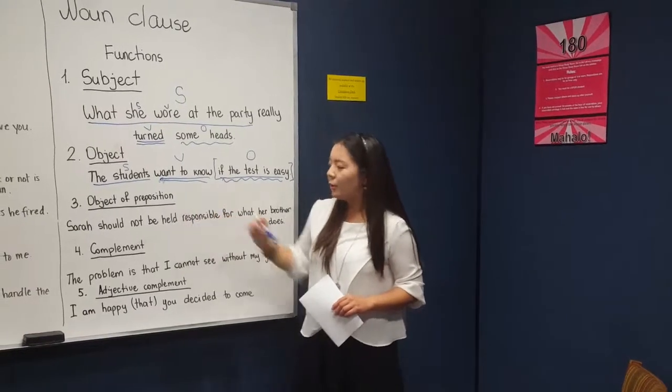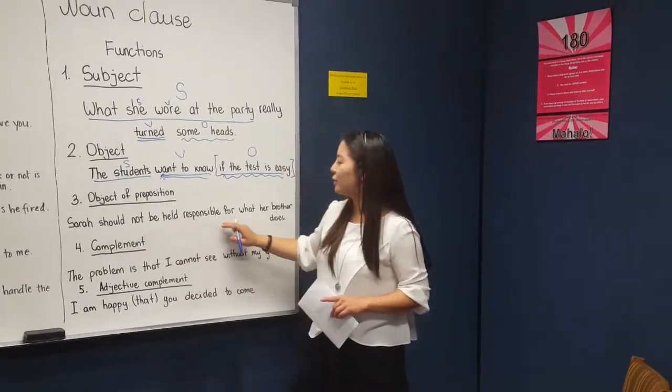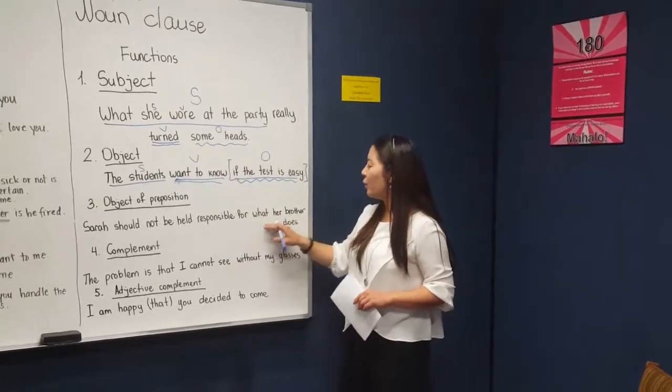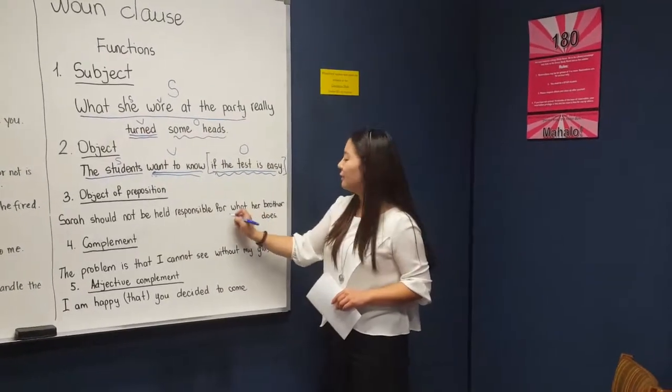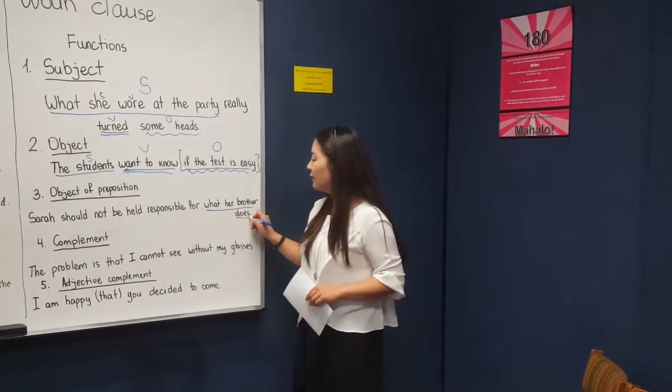Let's move on to the object of a preposition. Sara should not be held responsible for what her brother does. The dependent clause is here, what her brother does.